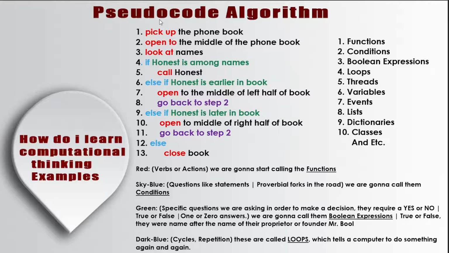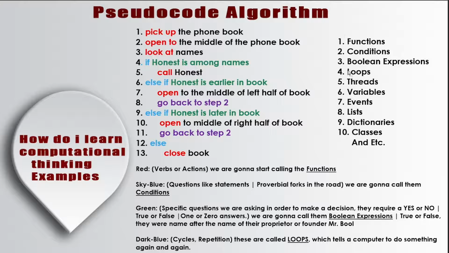So computer programming is made up of four major important concepts. We have other concepts that will come, but we have four major important concepts in computer science, as I have listed to the far right over here: functions, conditions, boolean expressions, loops.